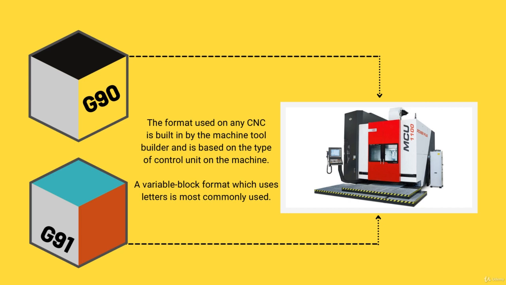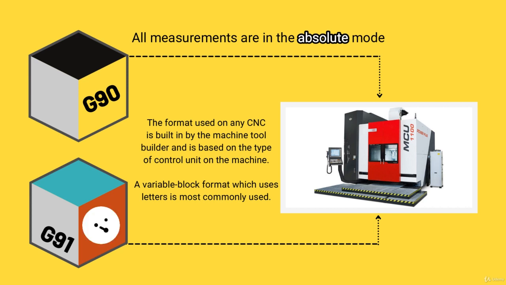Numerical data follows this address to identify a specific function such as distance, feed rate, or speed value. The address code G90 in a program tells the control that all measurements are in the absolute mode. The code G91 tells the control that measurements are in the incremental mode.